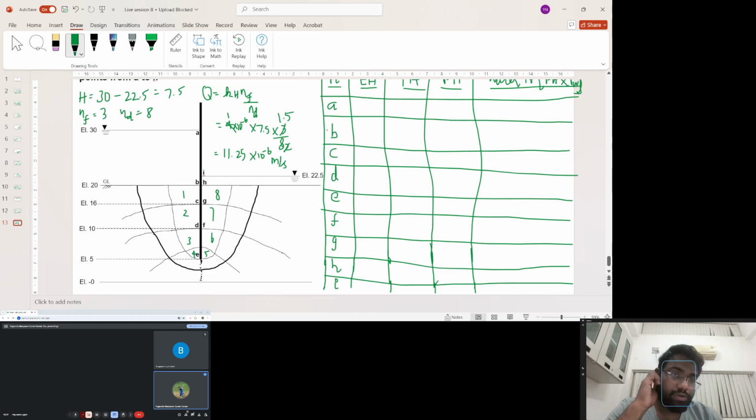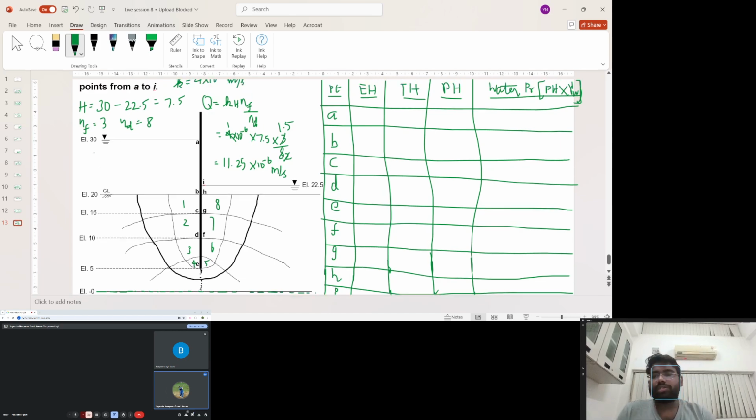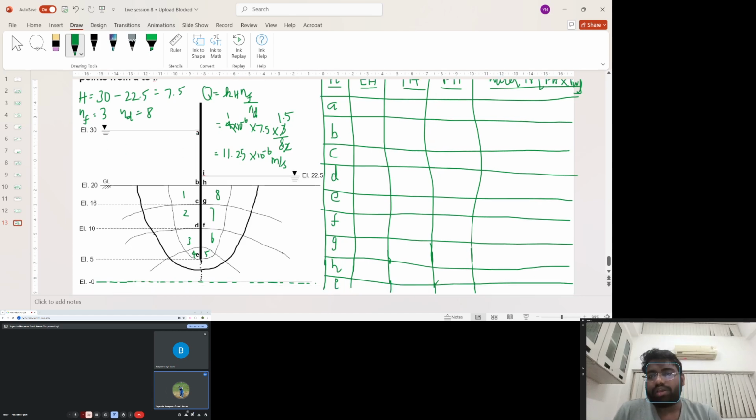Right. Now elevation head. So this can be treated as the reference point. And hence it has also been depicted in the question. So elevation head for A is 30. B is 20.